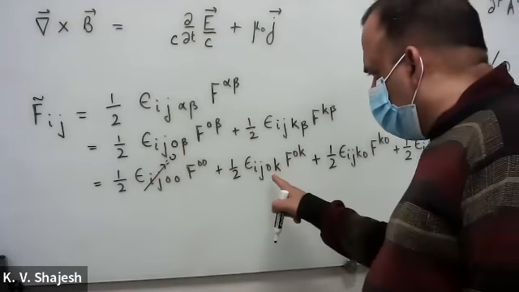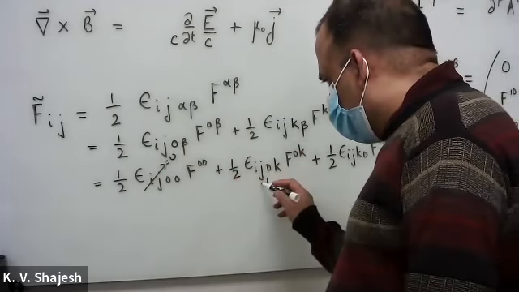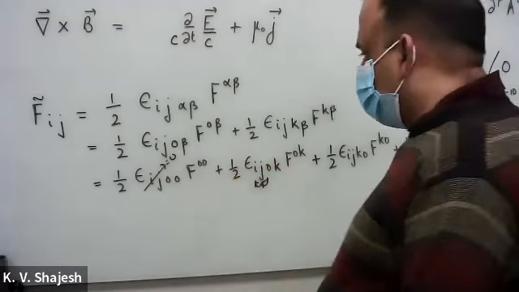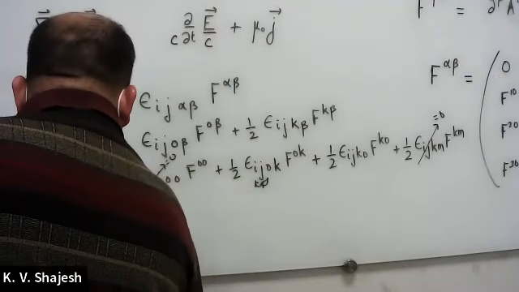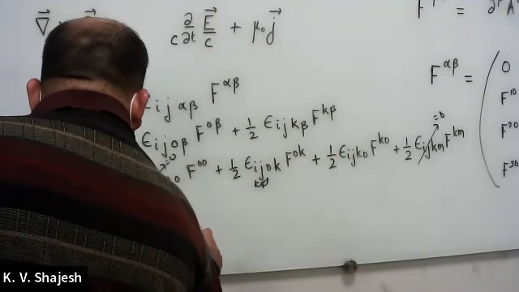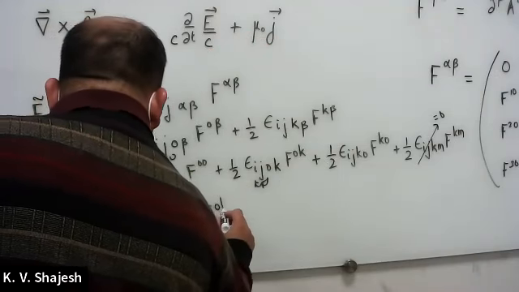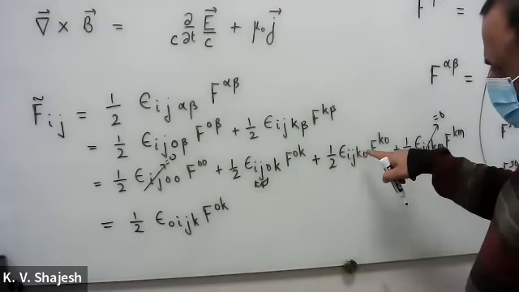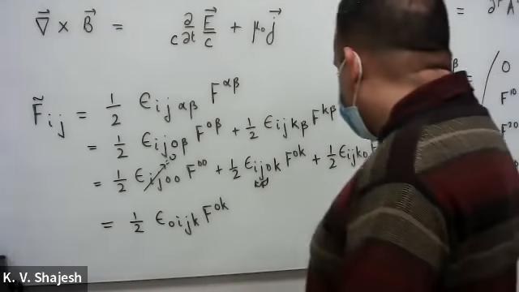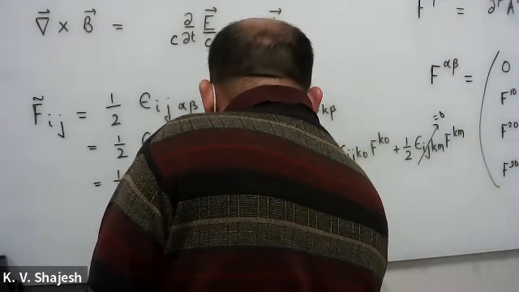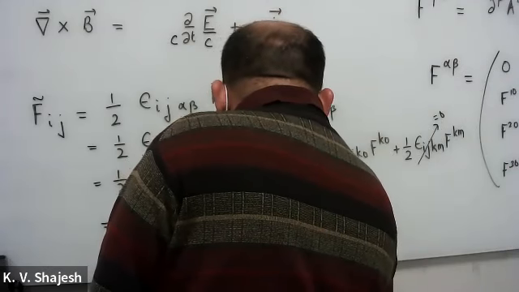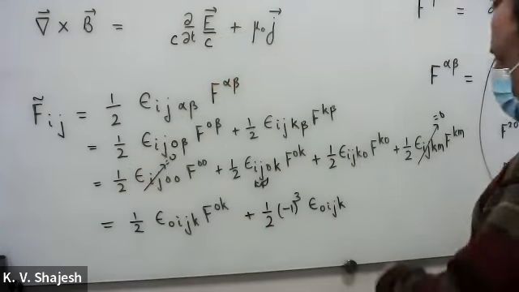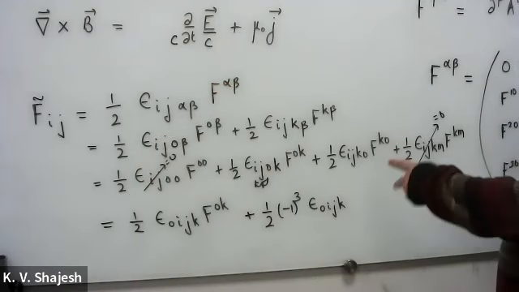Let me move this 0 to the first. So this is 2 times switching, right? 0 goes to 0. So this is equal to 2 times swap. So that's 1 by 2 epsilon 0ijk F0k. And this one I have to switch 3 times. 1, 2, 3. Right? So it's minus 1 raised to 3. So it's plus 1 by 2 times minus 1 raised to 3 of epsilon 0ijk. And I have another swap with k and 0. Let me swap k and 0.